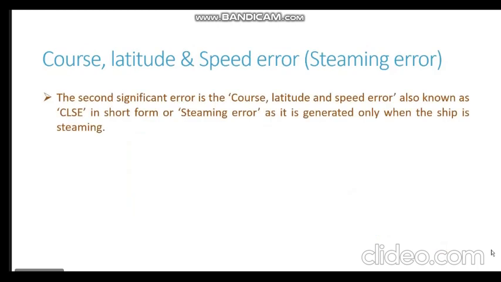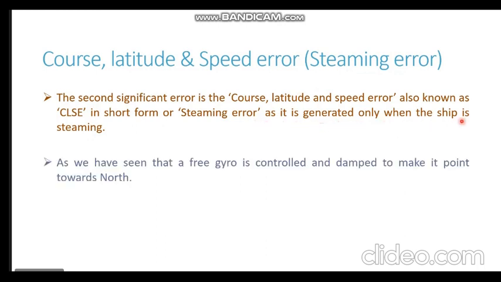Now moving on to the second significant error of the gyro compass, which is the course, latitude, and speed error, in short known as CLSE, and the second name for it is the steaming error. Now why is it called steaming error? This is because it is generated only when the ship is steaming.